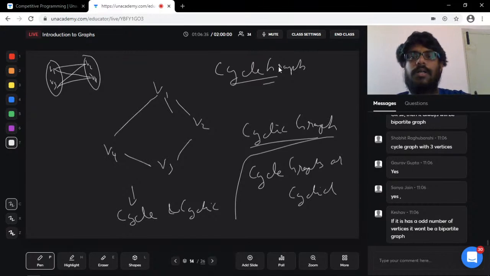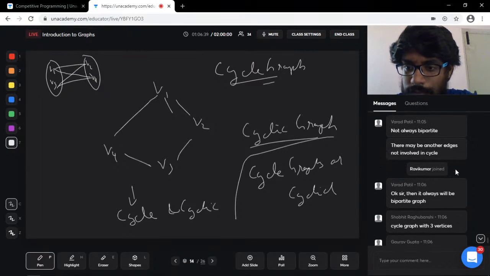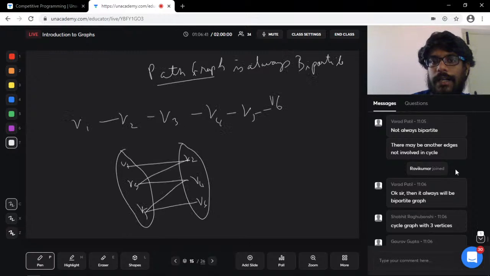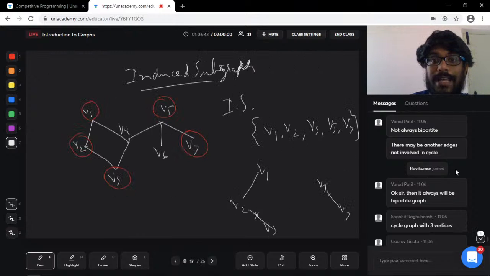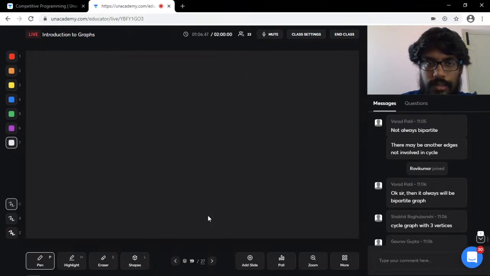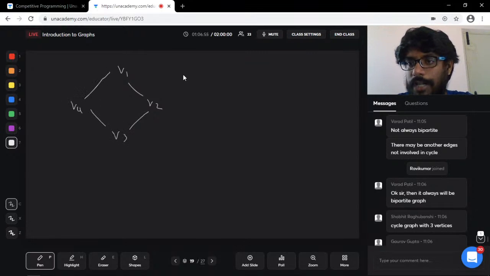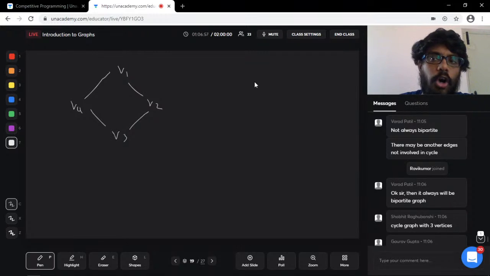Cool. So actually, Keshav and Shobit are correct. The example we saw, yes, this is a bipartite graph, correct. But it is not true for all cycle graphs.